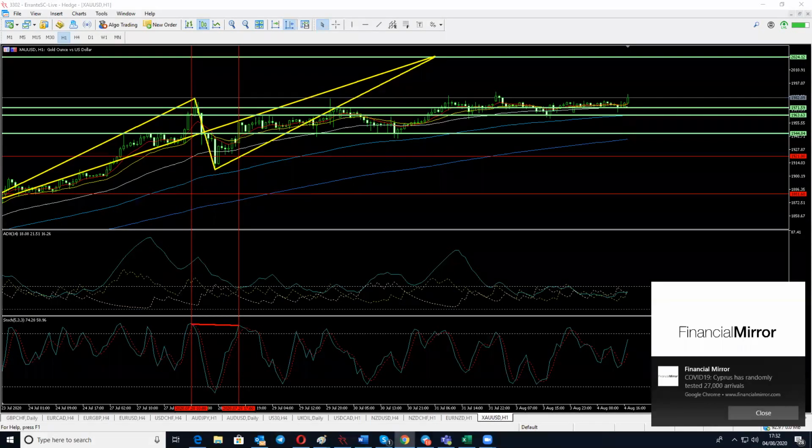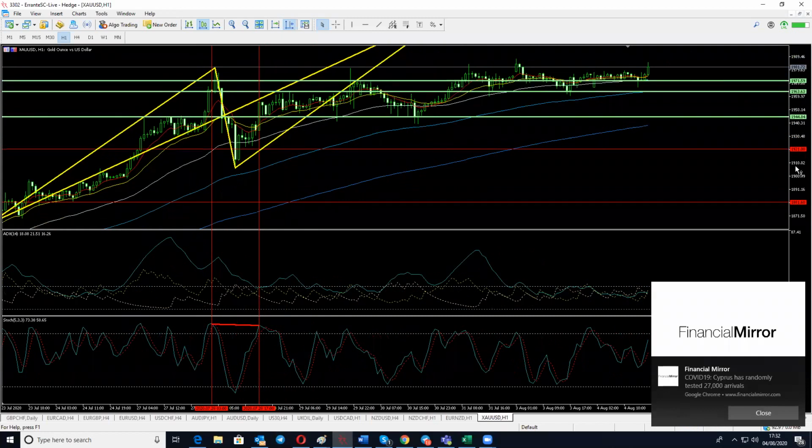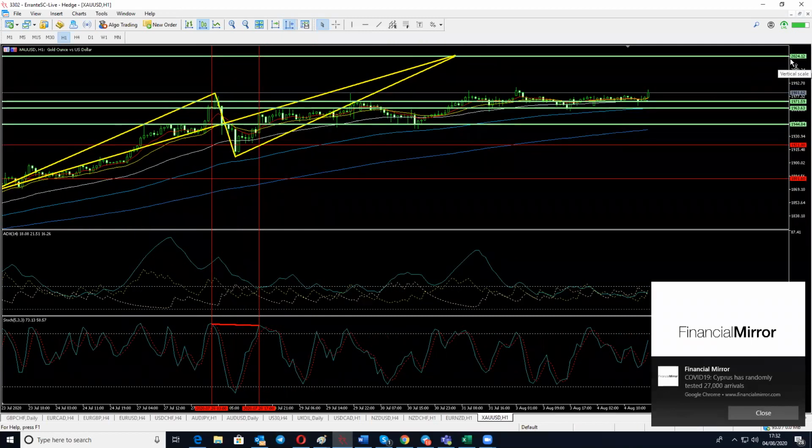But at this moment of time, there is still potential, based on that ABCD pattern that you guys see here in yellow, for gold to actually go up to the 2024 area. So it all depends on how the data and the economic situation in the US fare. This week is actually quite crucial to plan for gold's movement, which is a very good thing, Fanmi, that you mentioned about gold, because a lot of gold traders are planning whether or not to participate in heavy gold buying, starting this week or next week.